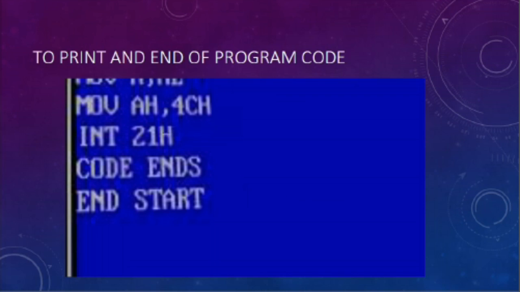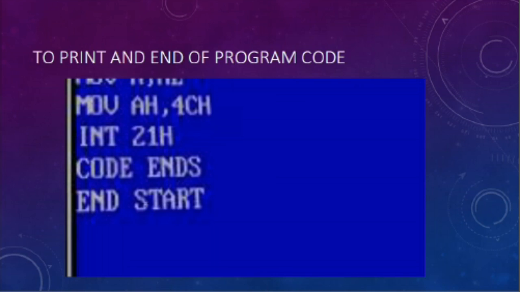These two lines indicate the end of the programming code. Now next is code ends. This line, code ends, is the end point of the code segment. And end start is the end of the label, that is start.